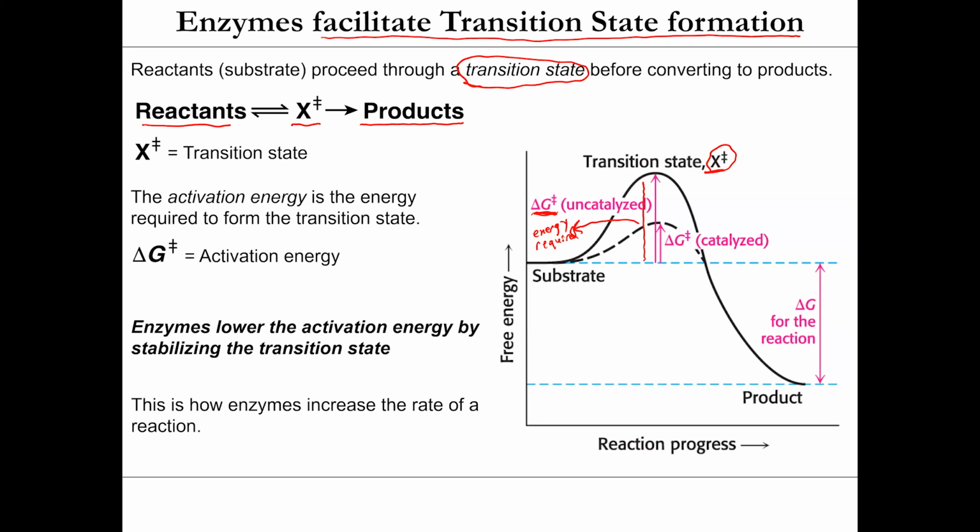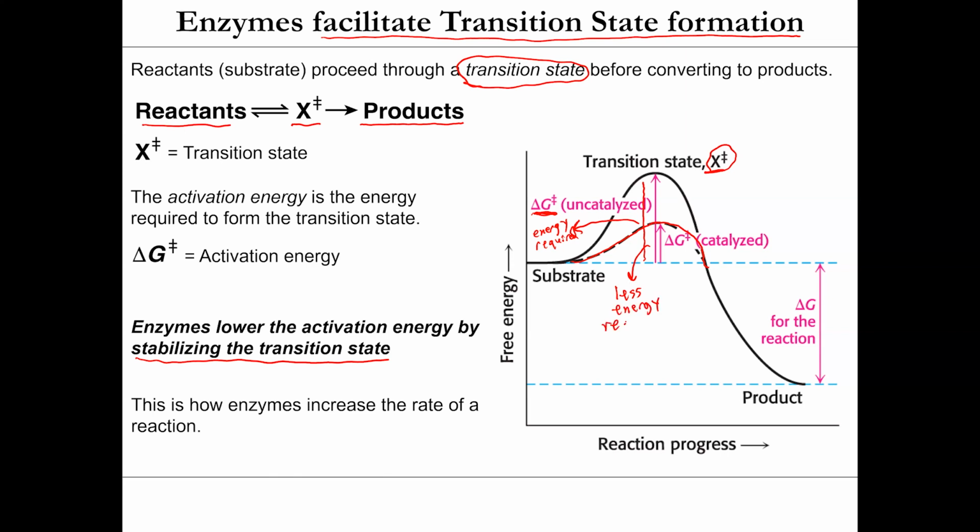Now, enzymes work by lowering the activation energy by stabilizing that transition state. Normally that transition state may not be very stable. What enzymes do is stabilize that transition state, and you can see here that it greatly lowers the activation energy of this reaction and allows it to go at a higher rate.